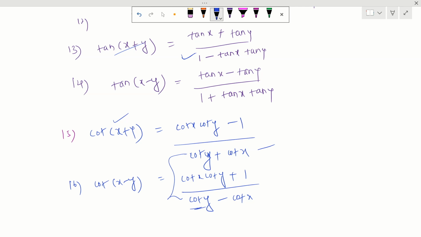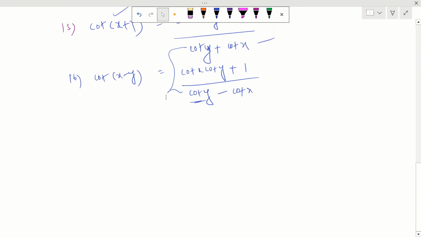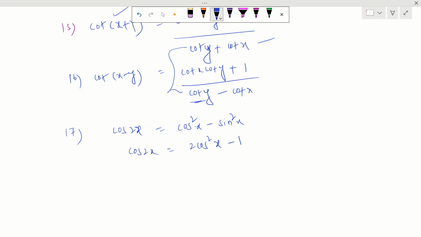Okay, now the 17th formula. We are writing for cos 2x. We have written four formulas. One is cos 2x equal to cos square x minus sin square x. Also we have written cos 2x as 2 cos square x minus 1.